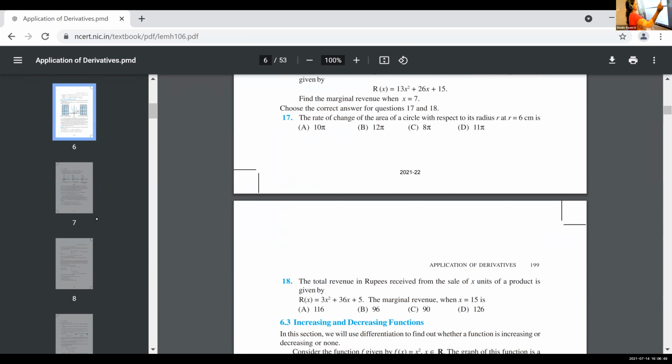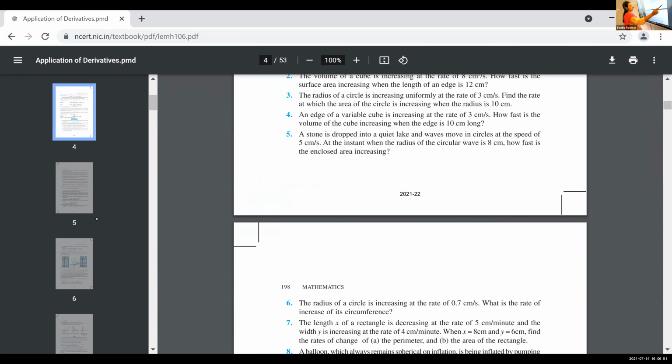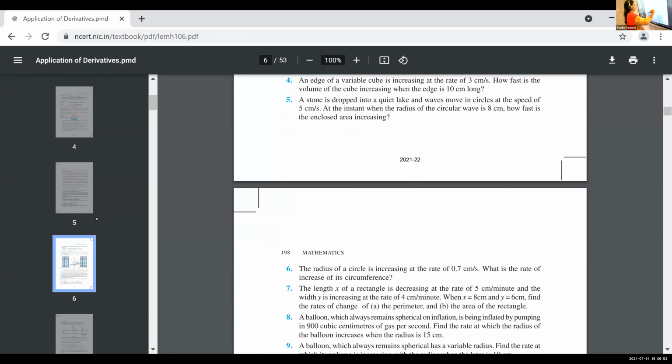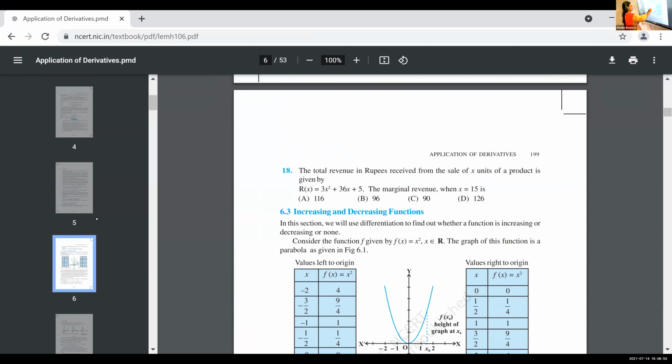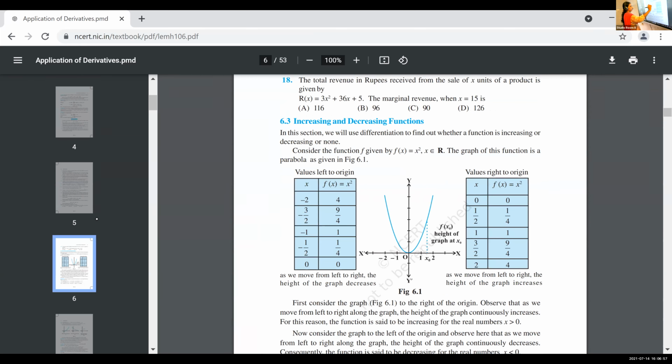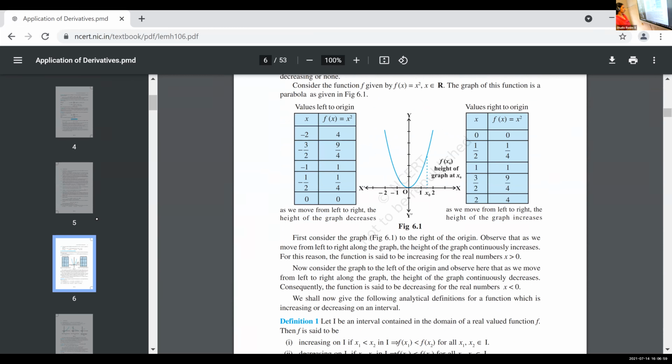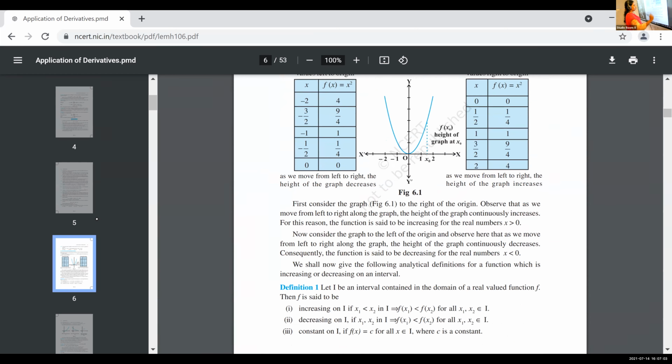Now, look at the definition given there. Underline the definition. Let I be an interval contained in the domain of a real valued function f.